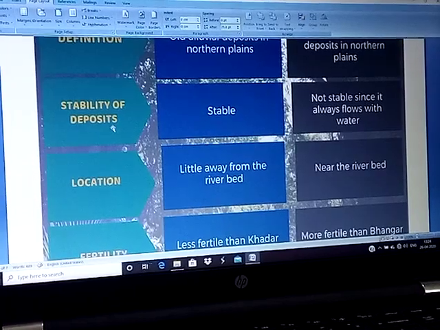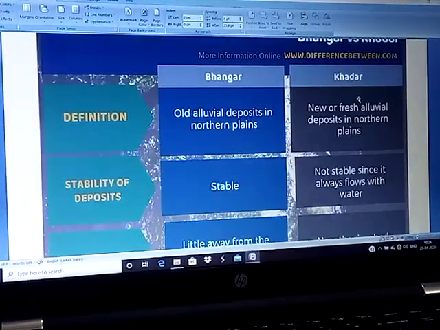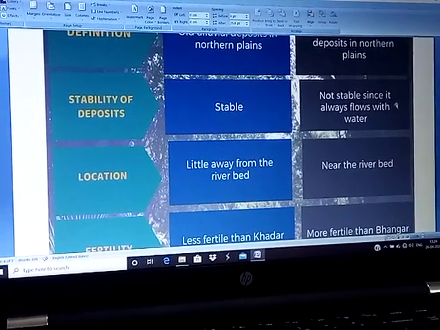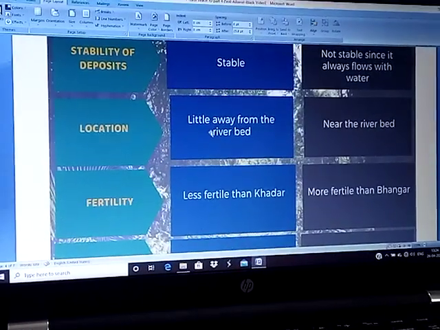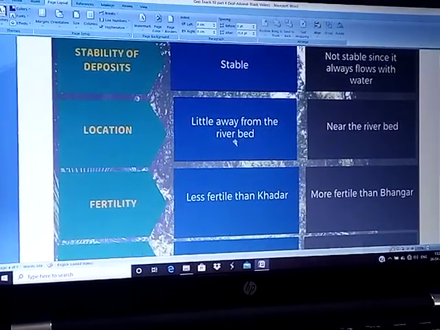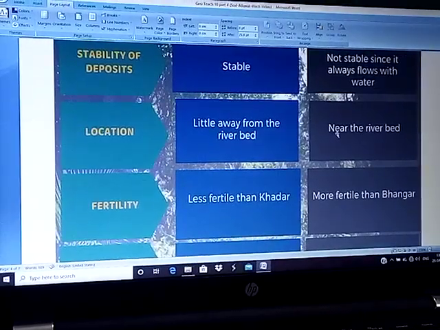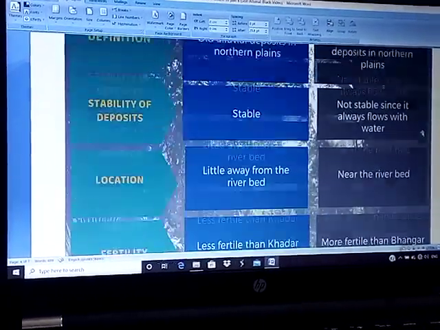Stability of deposits: Bhangar is stable, whereas Khadar is non-stable since it always flows with water. Location: normally, Bhangar is found a little away from the river bed, whereas Khadar is found near the river bed.